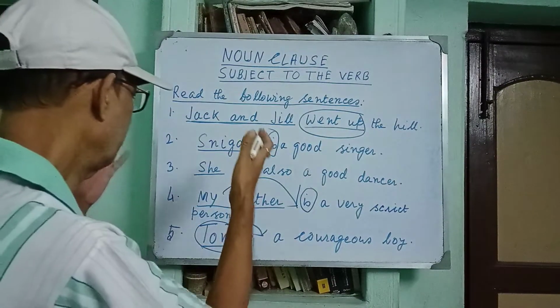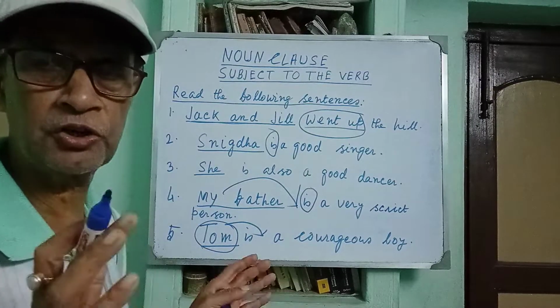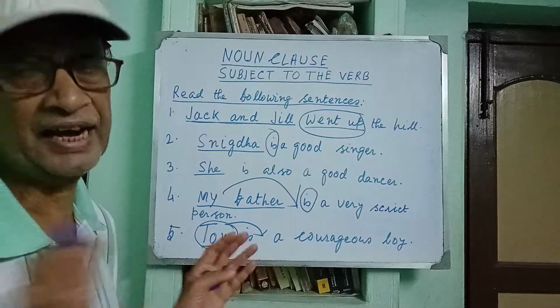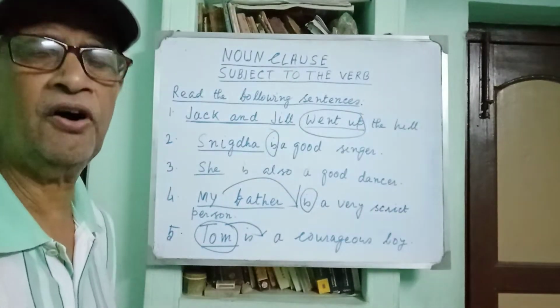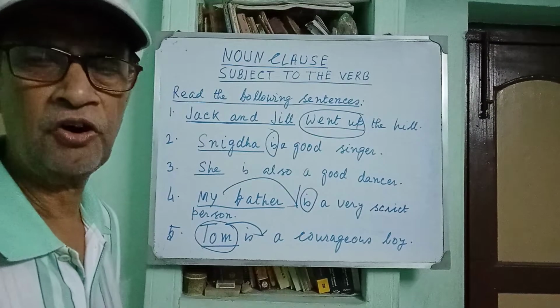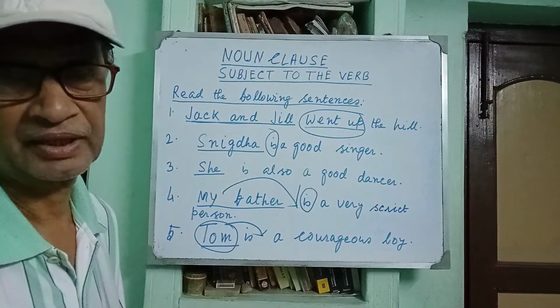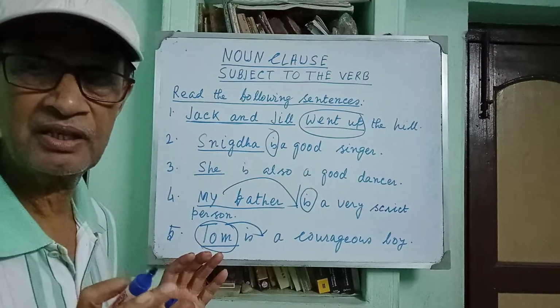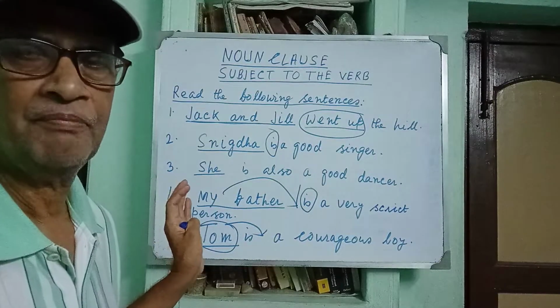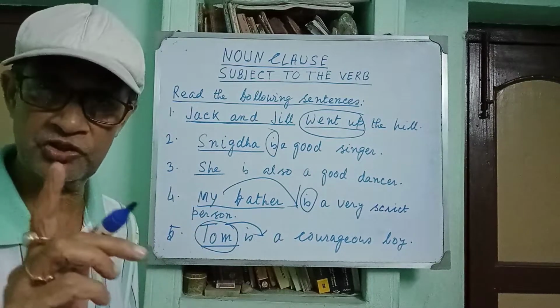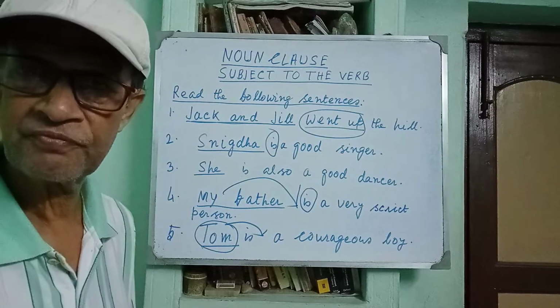So, from these sentences I may come to the conclusion that either a noun or a noun phrase or a pronoun can be used as the subject to a verb. But when a clause, then what is a clause?